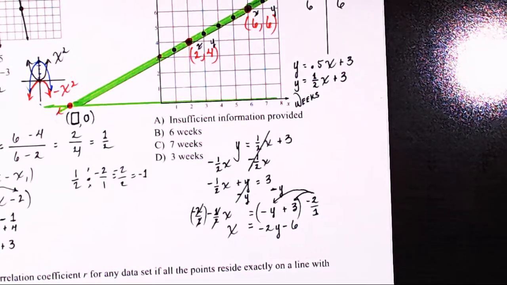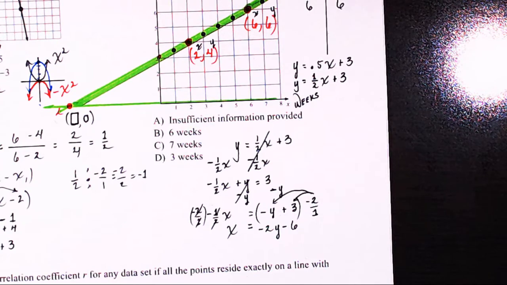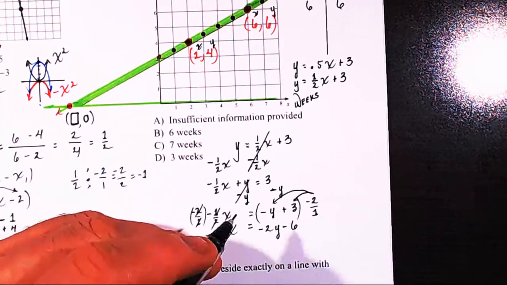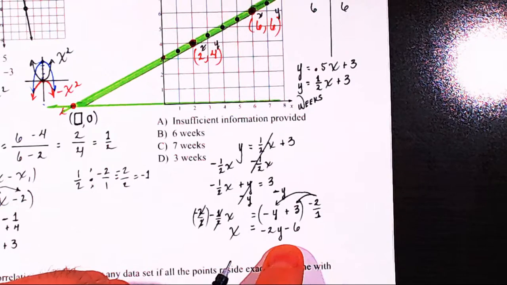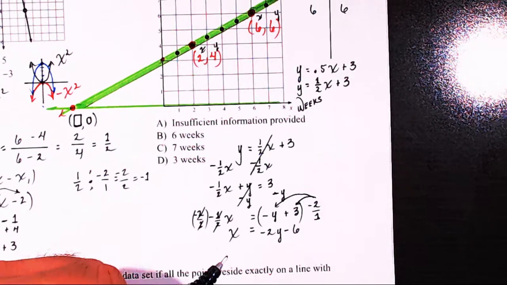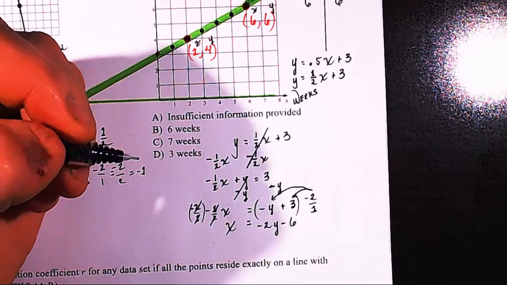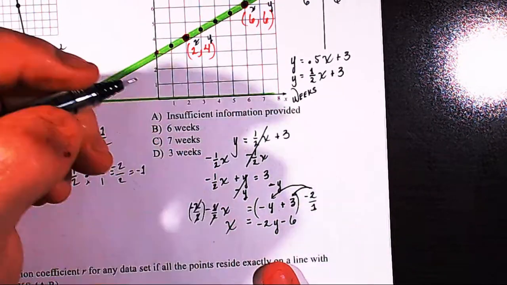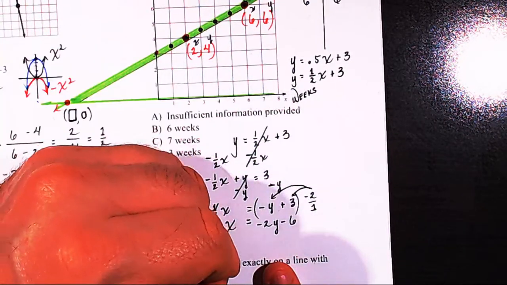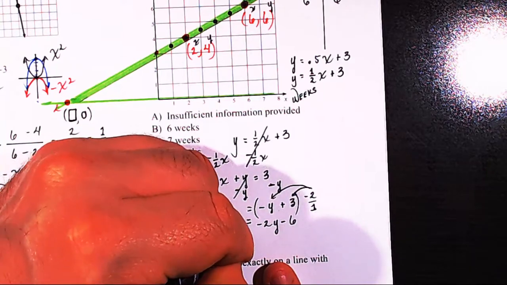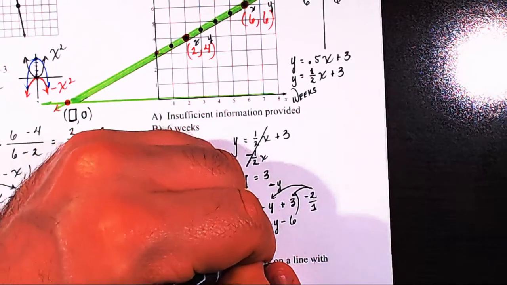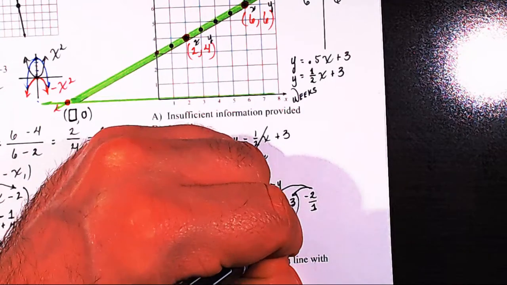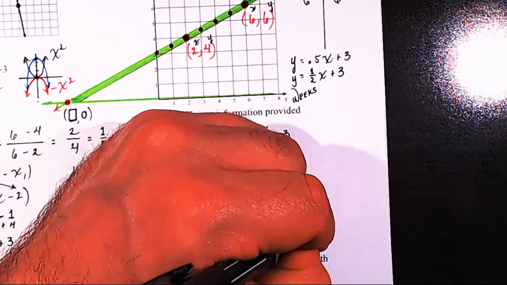Okay, so in this case, if I substitute in a 0 for the y, what will I get? Okay, so this is like an inverse function. F inverse of 0 equals negative 2 times 0 minus 6.